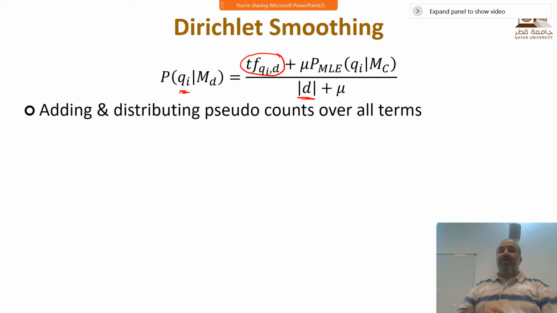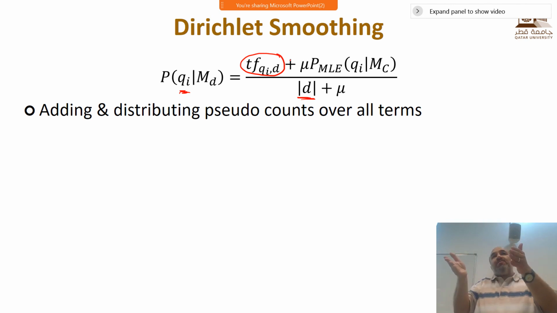Okay. So mu is constant. Okay? How do we interpret mu? Mu is like how many terms we will assume they should appear in the document over what we already observed. Okay? Usually this is in hundreds or thousands. Let's say that's 1,000. So it's like we will add virtually 1,000 terms to every document.